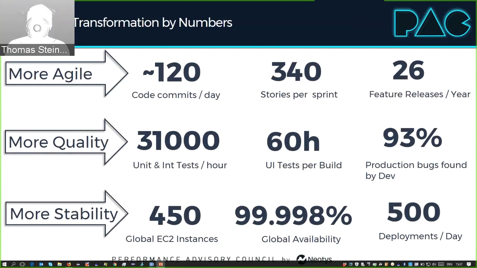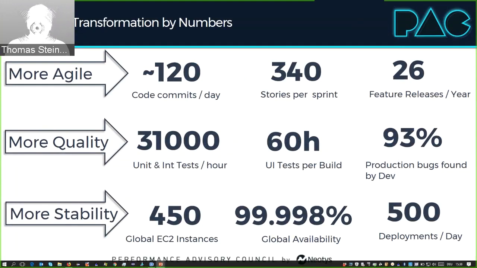So hopefully, and we are sure, we are providing more quality right now, with a lot of automated unit tests, integration tests, load tests, whatever needs to be executed in an automated way to basically get nothing serious out into production which may hurt us.